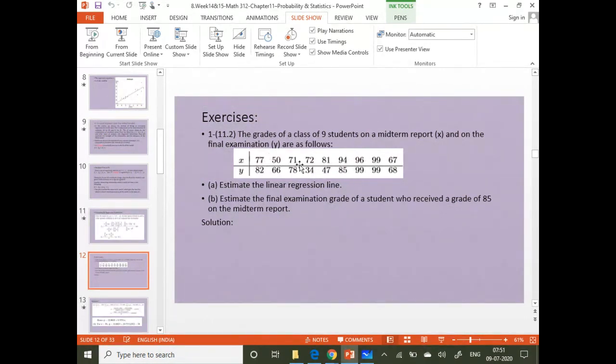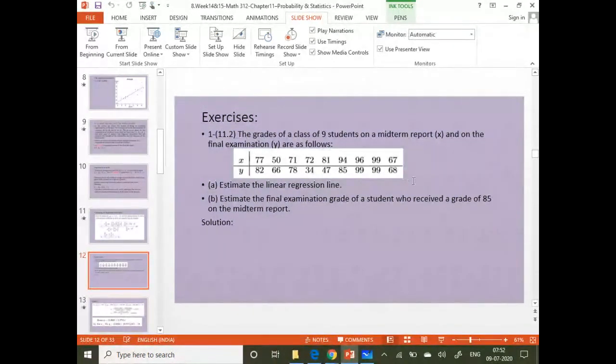Within this range, or in the neighborhood of x, this value 85 is taken. It's not far away from the list of x. If you take x as 500 or negative 83, it will be far away from this x group. So while you forecast the value of y, you should make sure that the x value is not far away from the data.